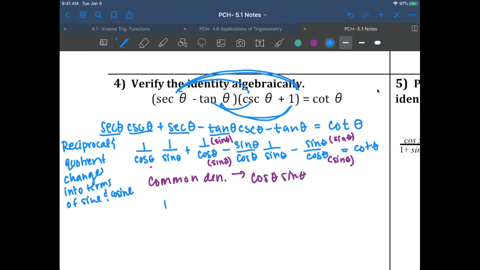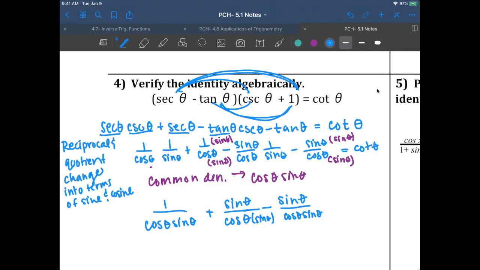All right, so I get 1 over cosine theta sine theta plus sine theta over cosine theta minus sine theta, times sine theta, and then minus sine theta over cosine theta times sine theta, and then minus sine theta times sine theta, giving me sine squared theta over cosine theta sine theta. And this is all going to equal cotangent theta.